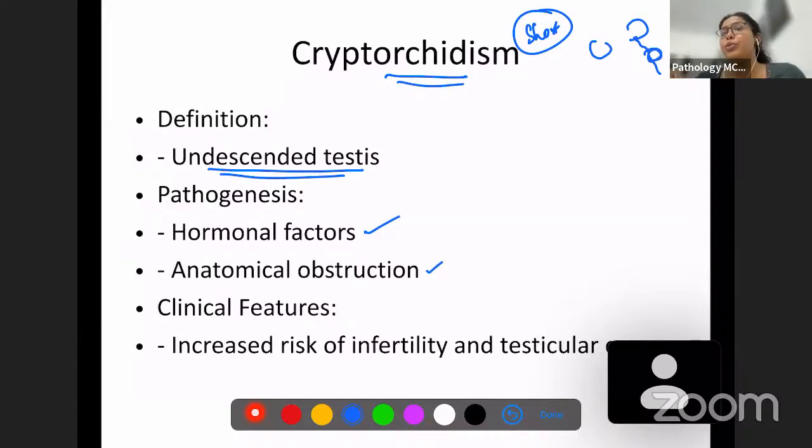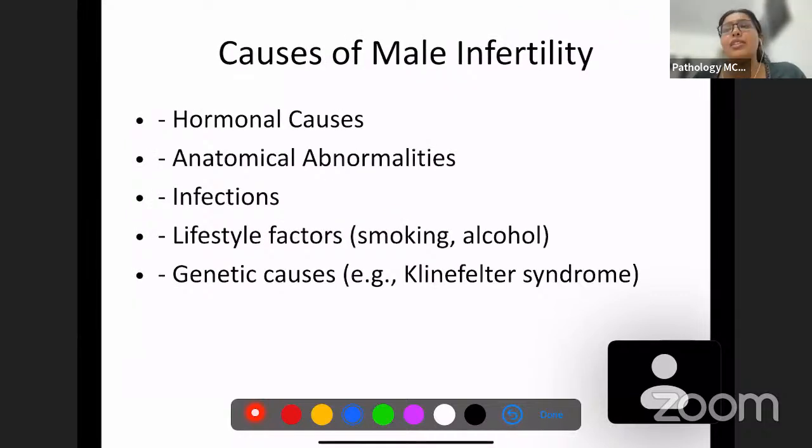One of the most important questions is the risk if a cryptorchid testis is there. Most of the time only one testis does not descend, so one testis is descended and one is cryptorchid.